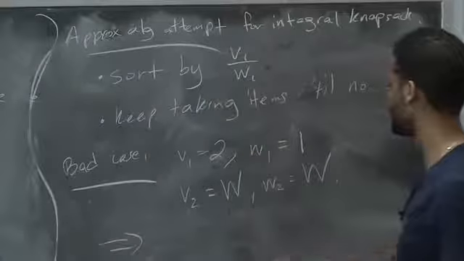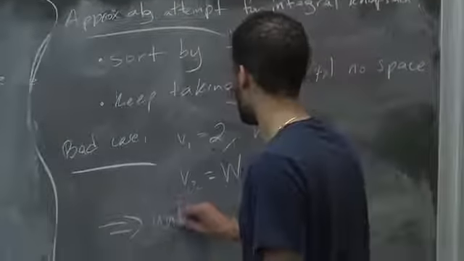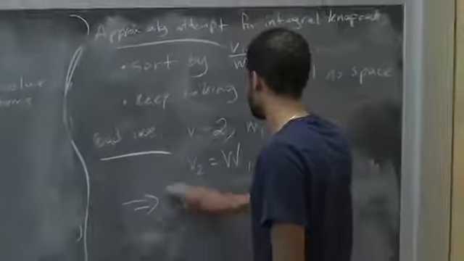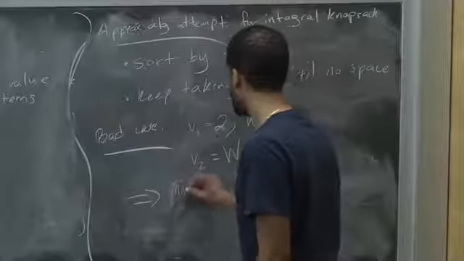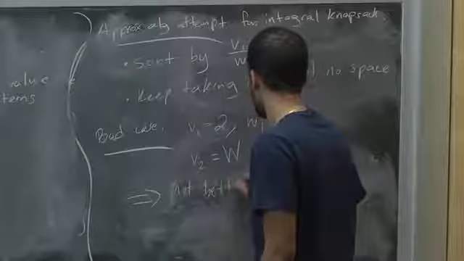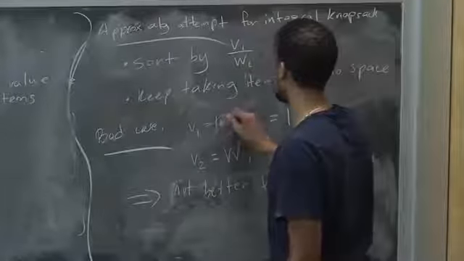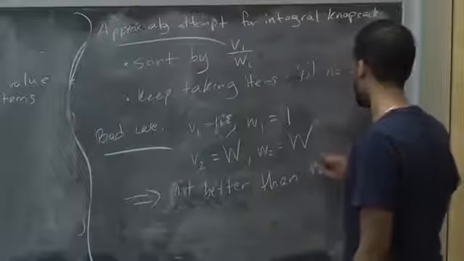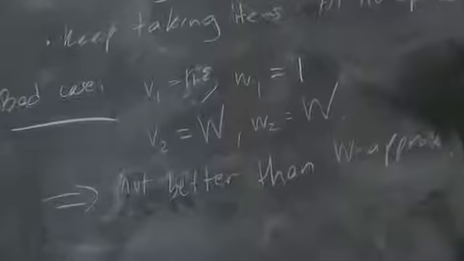Whereas opt would have just taken v2 and gotten W value. So this implies that you get an unbounded ratio, or really, not better than, and I could have made this 1 plus epsilon, not better than a W approximation. So that's not great.